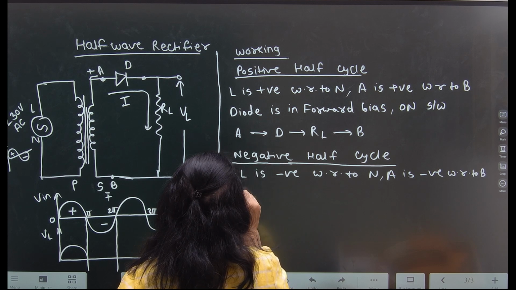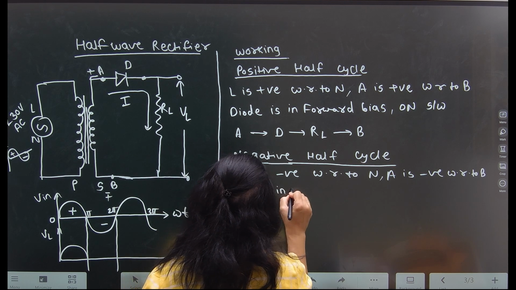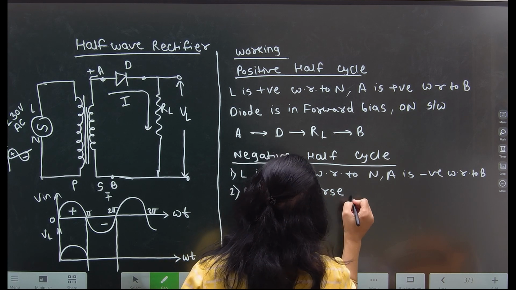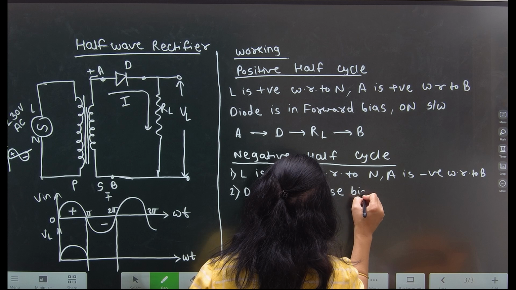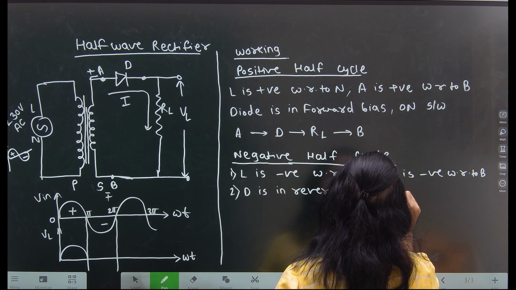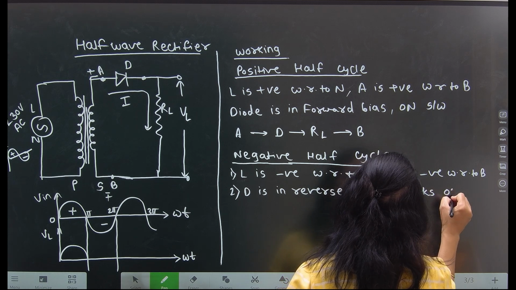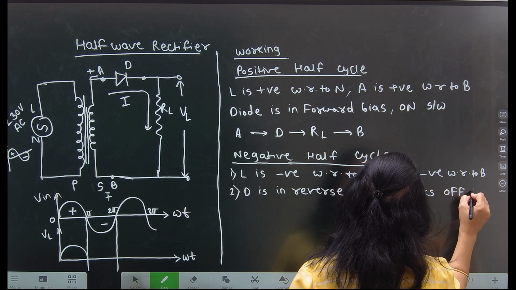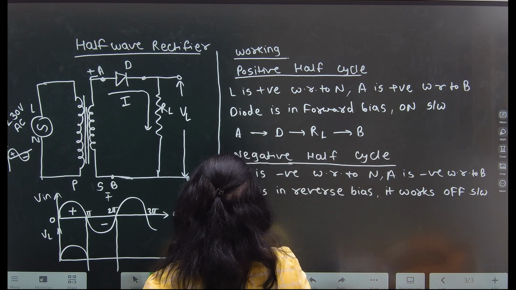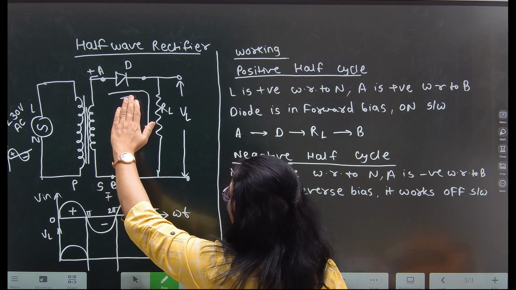So diode D is in reverse bias, and when a diode is in reverse bias, then it works as an off switch. As diode D is in reverse bias, it works as an off switch.